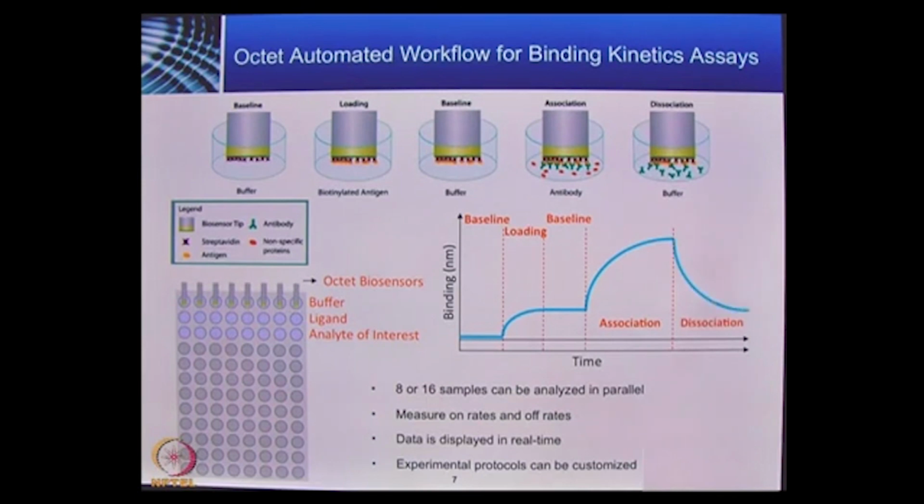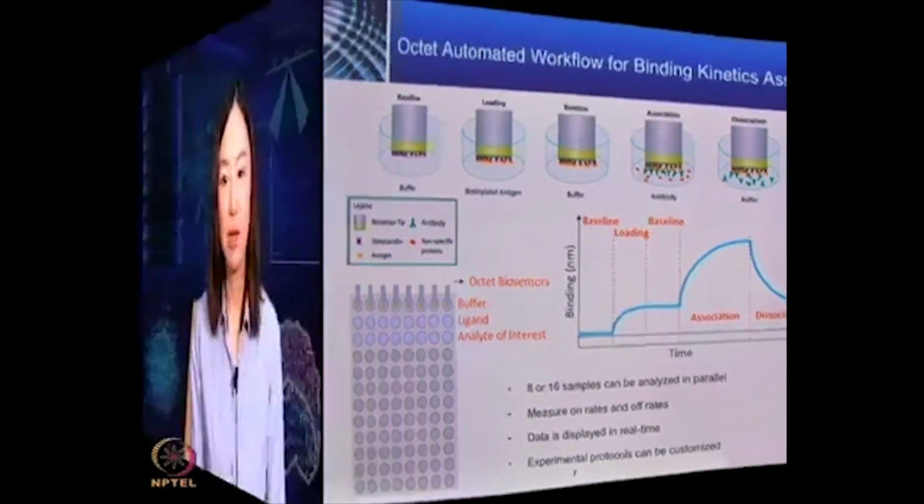And as the last step of this analysis, the biosensor is moved back to the wells which contain a buffer. Then in the buffer wells, the analyte will dissociate from the ligand, and we can generate the dissociation curve. One thing we need to pay attention to here is that all the interactions and curves are generated in real time.